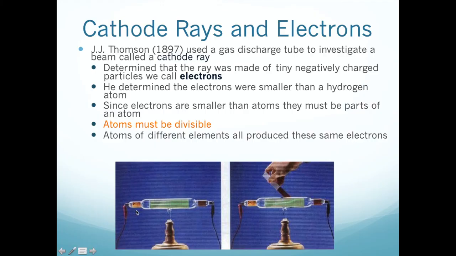Okay, so that's essentially what's happening in a cathode ray tube. Okay, so you're basically using electricity to flake off these tiny subatomic particles that are negatively charged.